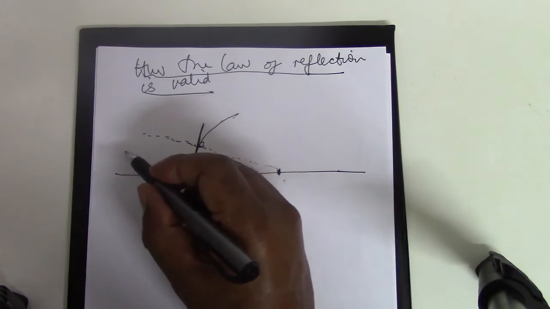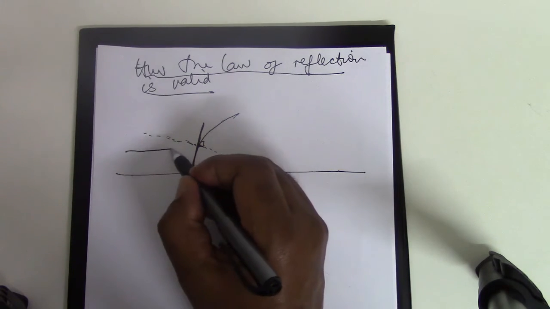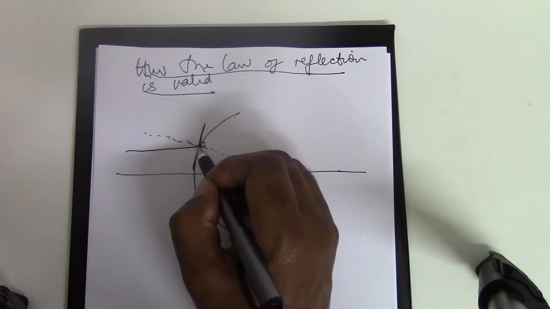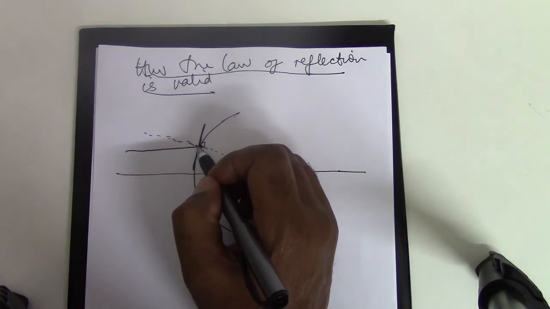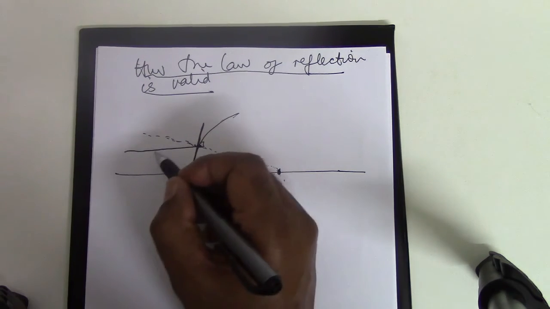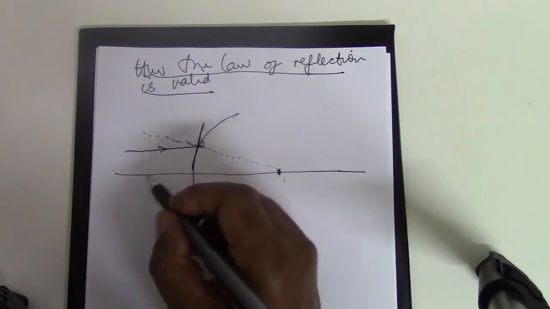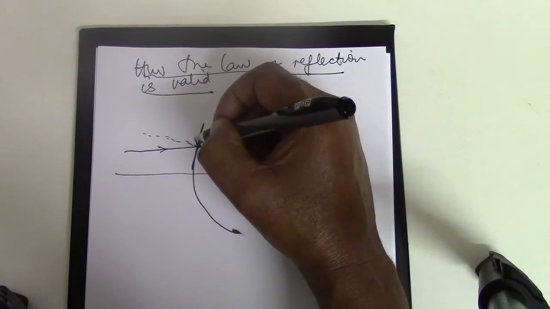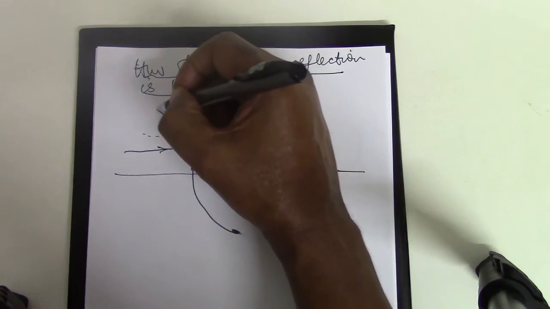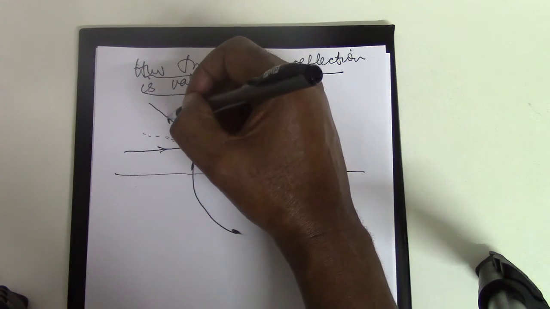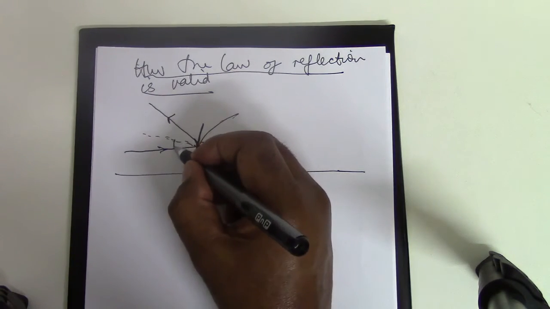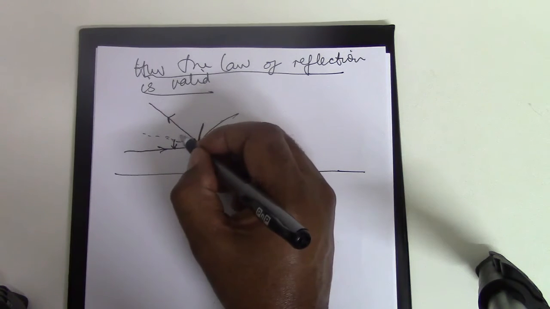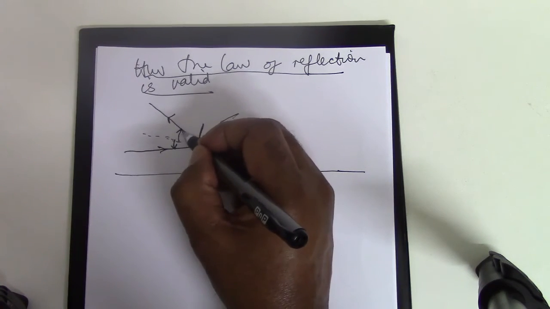So if I have a ray that comes and strikes this point, which is the point of incidence, and this ray is parallel to the principal axis, it's going to be reflected in that direction, such that the angle of incidence is equal to the angle of reflection.